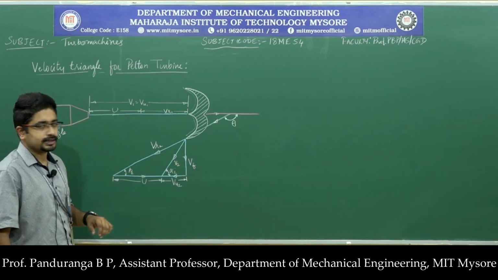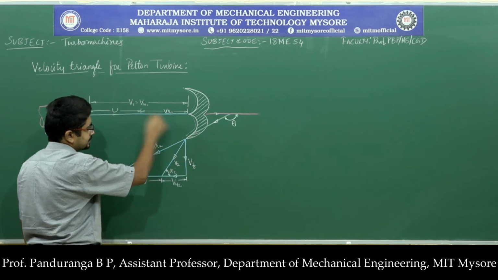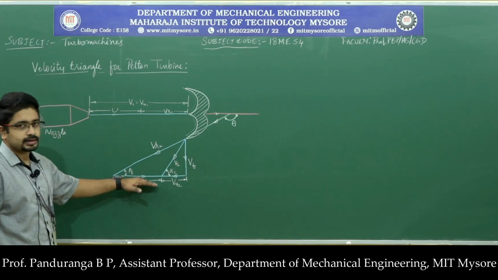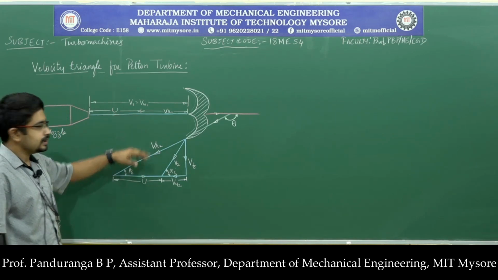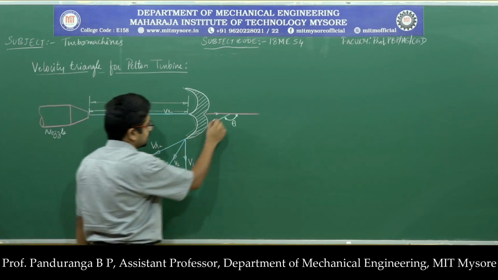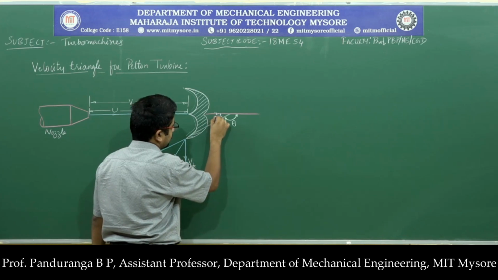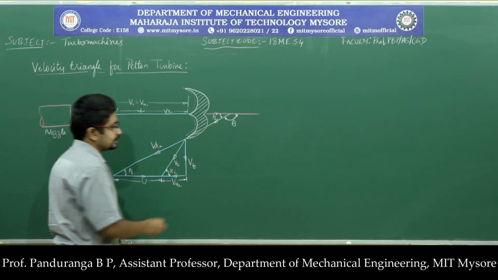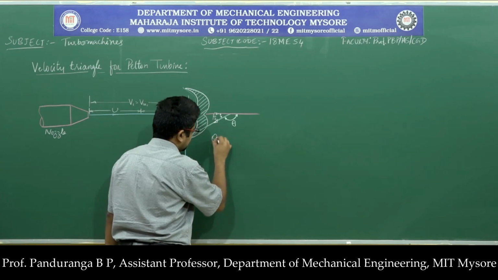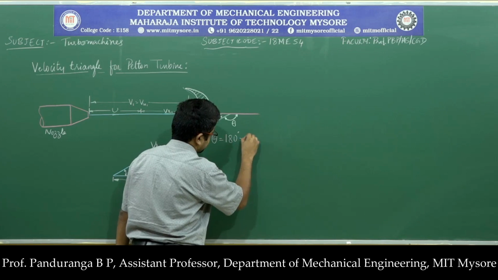So if you see this, beta 2, these two lines are parallel to each other. So the base of this triangle and this line are parallel to each other. So here beta 2 and this angle are alternate angles, so I can call this beta 2, or I can say that theta will be equal to 180 degrees minus beta 2.